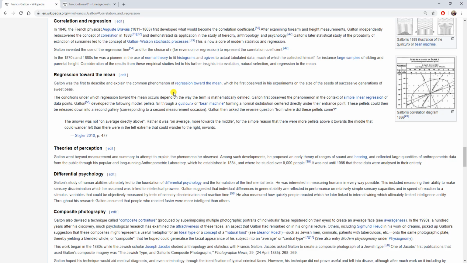And as a part of that exploration of how parents' genetics, or I think at that time genetics was not a science, it was not something that was discussed explicitly, but he was basically interested in the question of how parents' characteristics influence characteristics of their children.